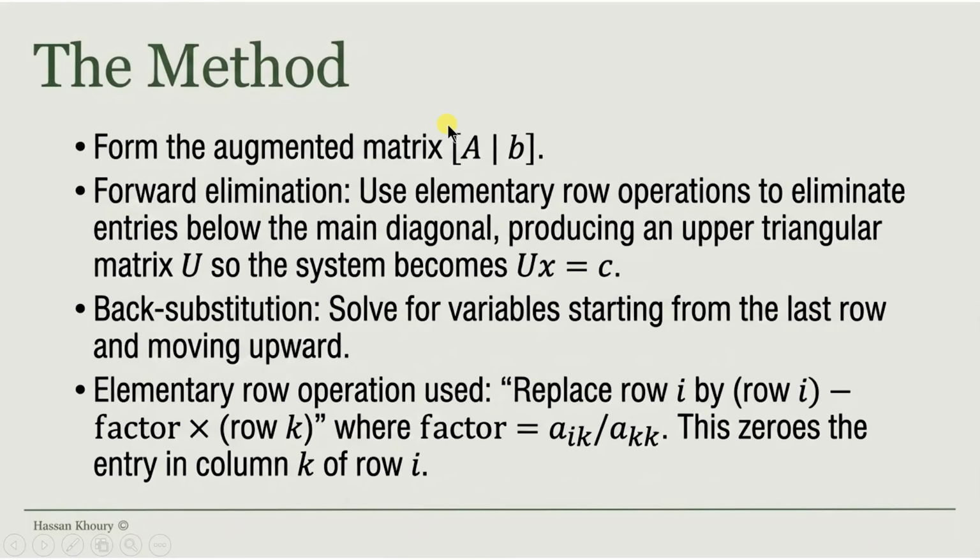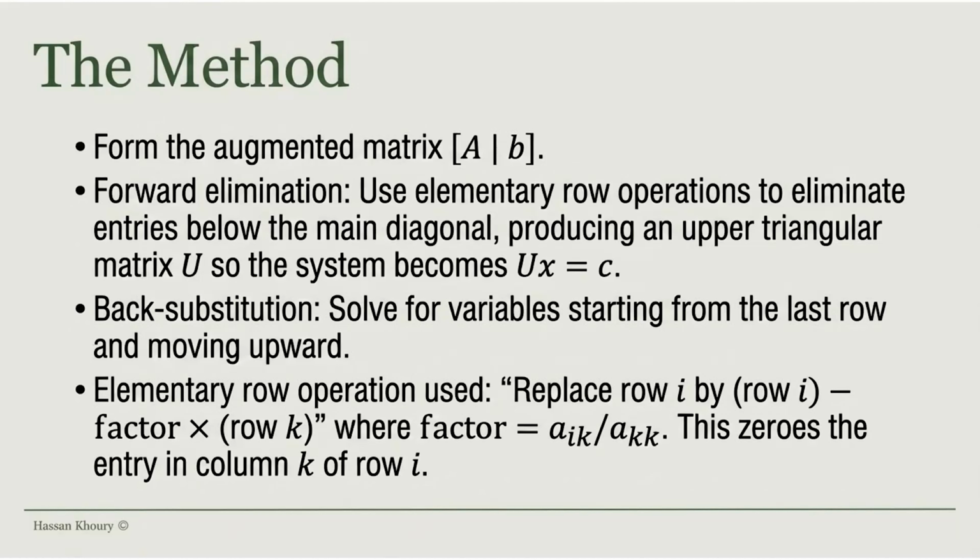How are we going to implement that? We will use elementary row operations to eliminate entries below the main diagonal, producing an upper triangular matrix U, so the system becomes Ux = c. And then we will apply back substitution. We will solve for variables starting from the last row and moving upwards.